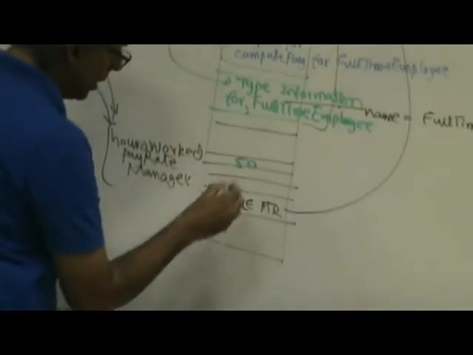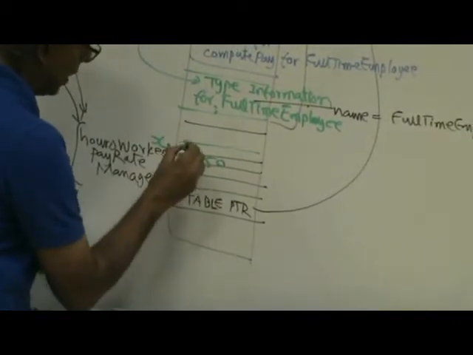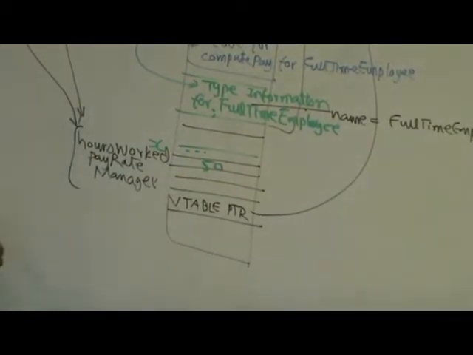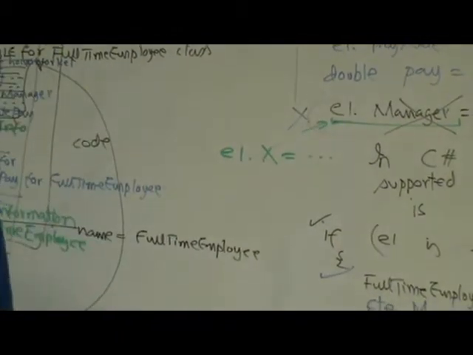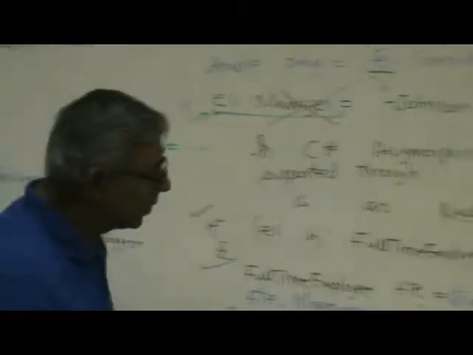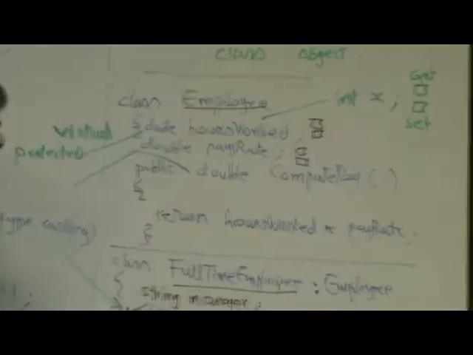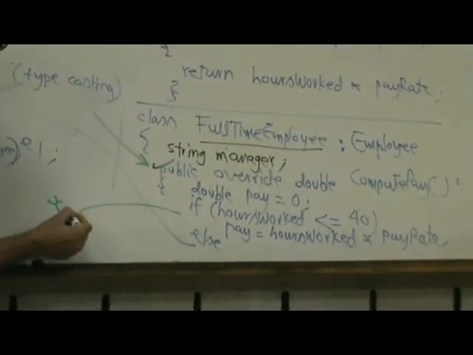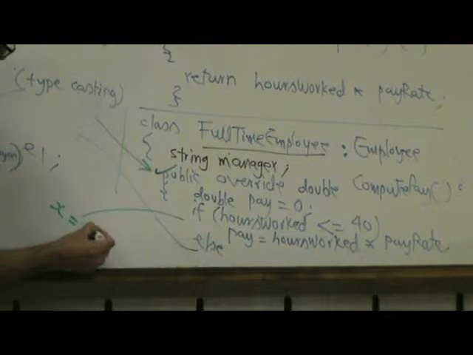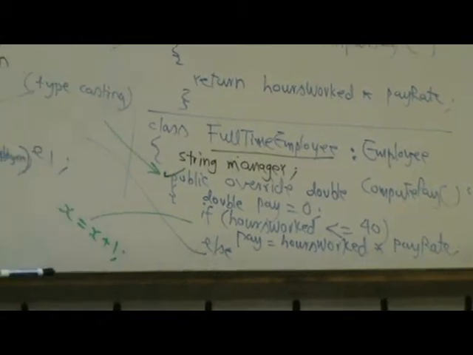So once the computer allocates the memory, there will also be memory for an X, even if it is private. The only difference is, you can actually go home and try this out and you'll see it will work perfectly. The only issue will be if it is private and you try to do in any of the methods x equal to x plus 1, as an example.